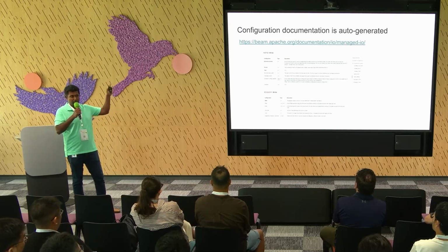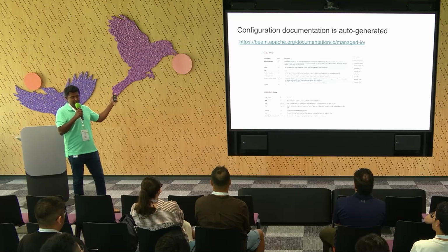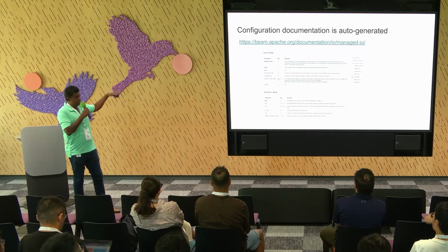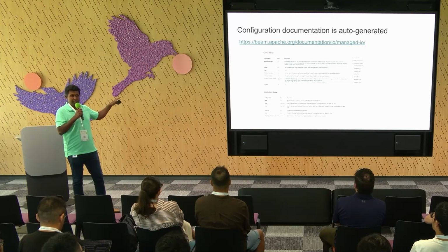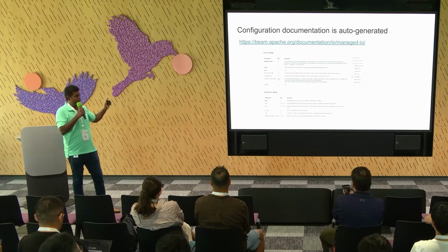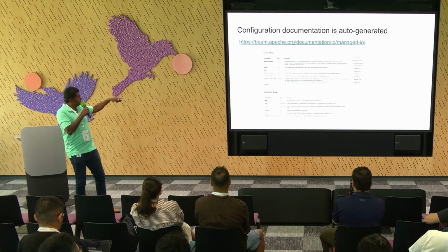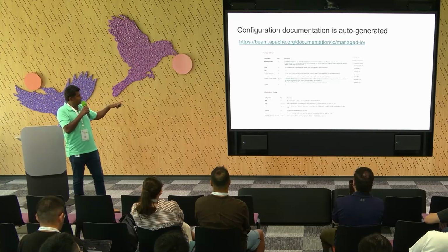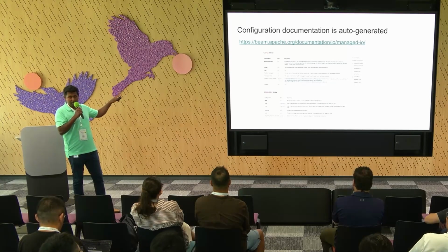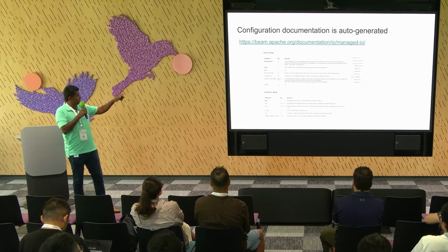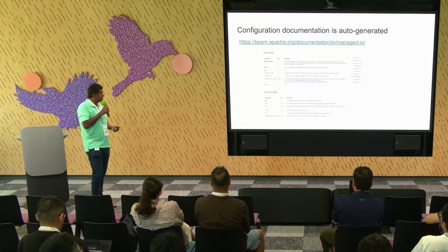It goes to our code, and we dynamically generate this website at certain intervals. Here you will find the latest set of configs you can give for each source and sink. So it is easy to find out, if you want Kafka, these are the things I can specify in my managed transform, and it gives other details like a description, type, etc.